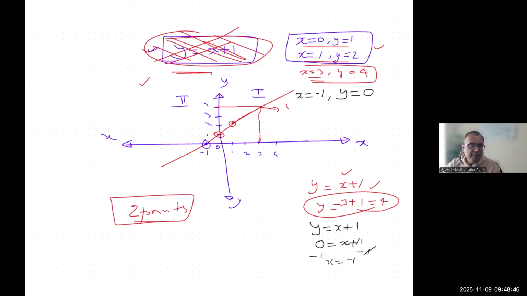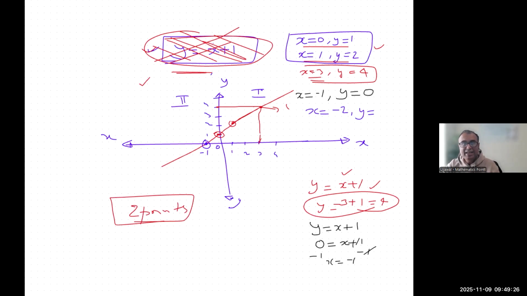Now let's say x is -2, can you tell me what is y? X is -2, what is y? -1, absolutely right. So what we've done is we've plugged in -2 and got -1.